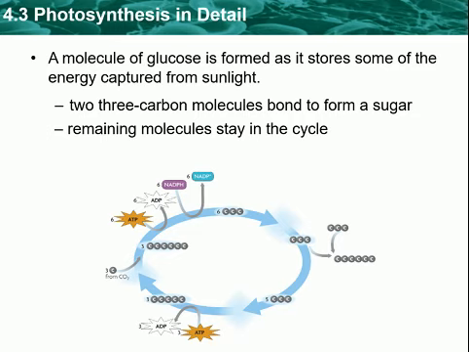Then 2 high-energy 3-carbon molecules are bonded together to make a sugar. Therefore, 6 molecules of carbon dioxide must be added to the Calvin cycle to make one 6-carbon sugar. And lastly, the products are a 6-carbon sugar, such as glucose, NADP plus, and ADP. The NADP plus and ADP molecules return to the light-dependent reactions.